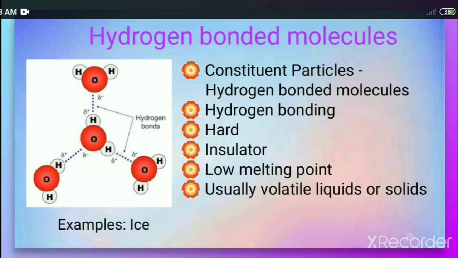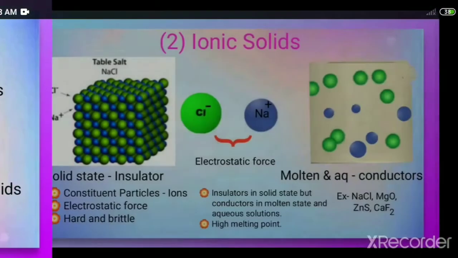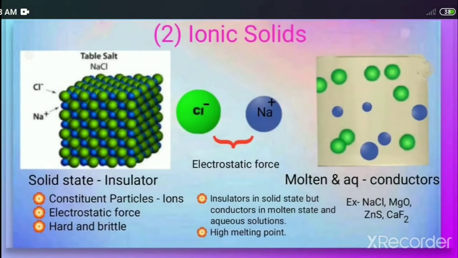Now let us discuss the second category, that is ionic solids. In ionic solids, the constituent particles are actually ions. Therefore it is called ionic solids. The very best example is NaCl.